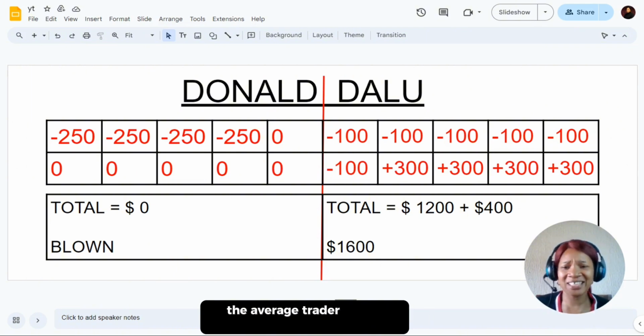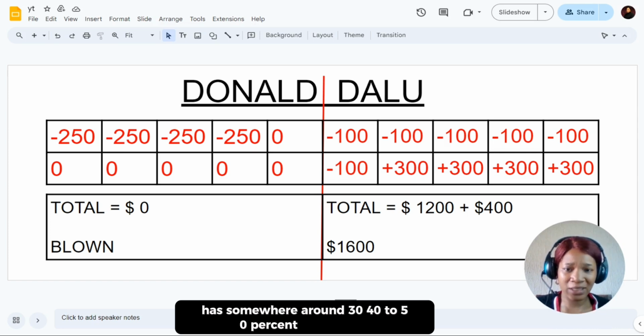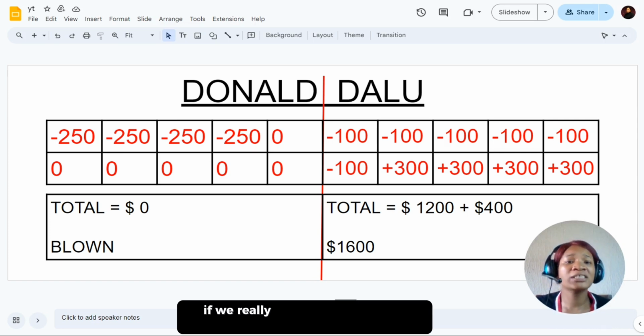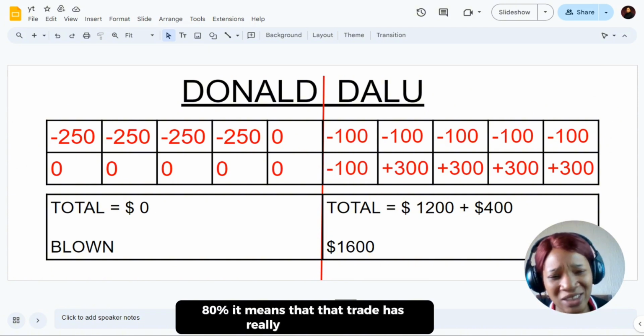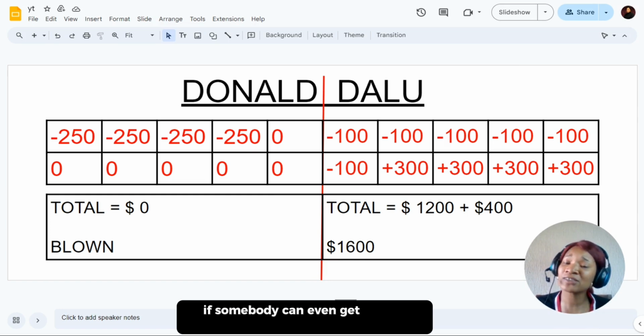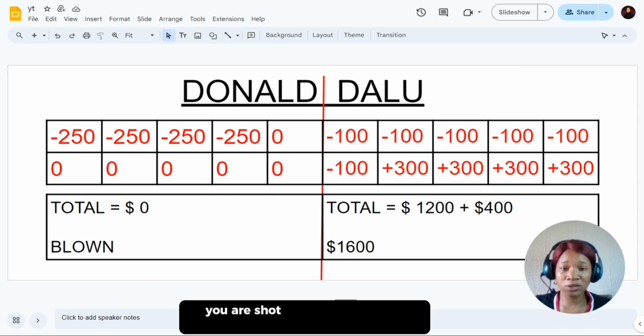The average trader has somewhere around a 30, 40 to 50, 60% win rate. If you really see a trader that has 70, 80%, it means that trader has gone very far. But on an average, if somebody can even get up to 40% win rate, that's out of 10 trades, you are sure to get like 4 or 5 or 6.